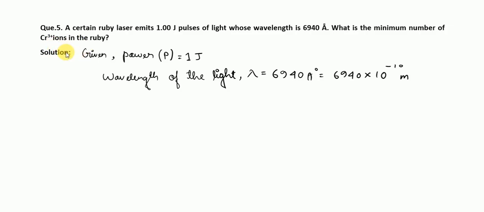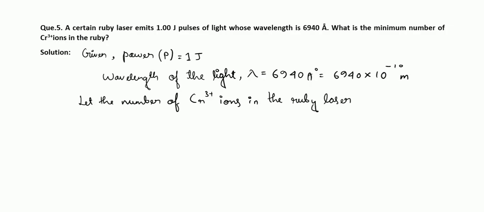energy wavelength relationship. So let the number of Cr3+ ions in the ruby laser be n. Right. Now we know that the power of the light pulse is given by P equals n h c by lambda.